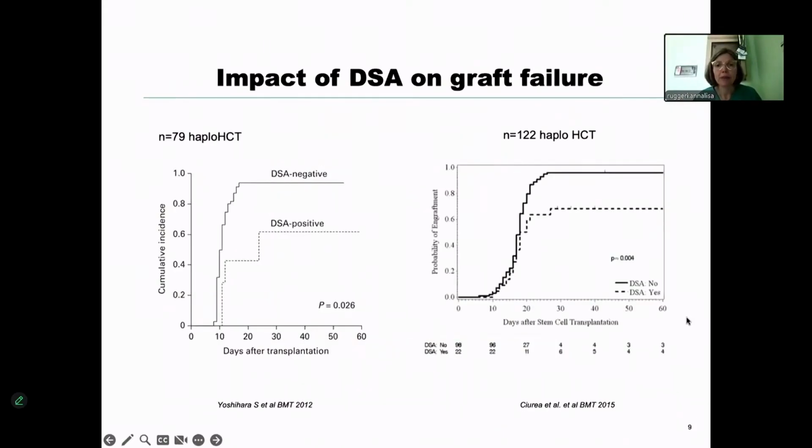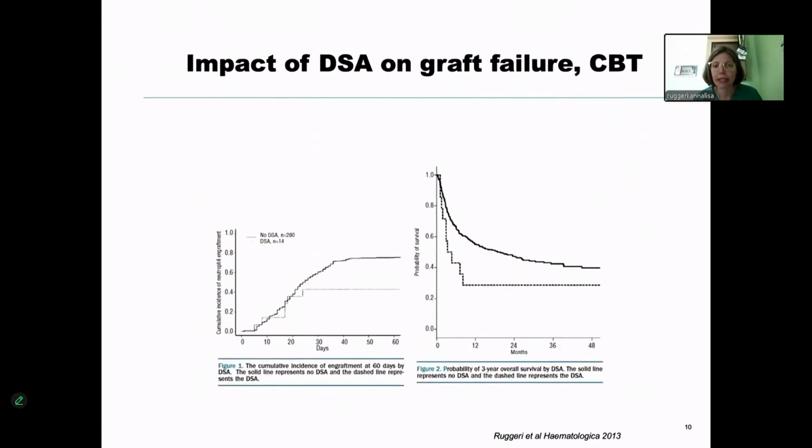And this has also been reported in the setting of haploidentical donor transplant, namely those with T-cell depletion or non-T-cell depletion, as well as in the setting of cord blood transplantation.